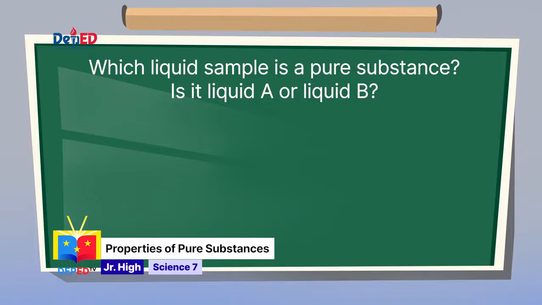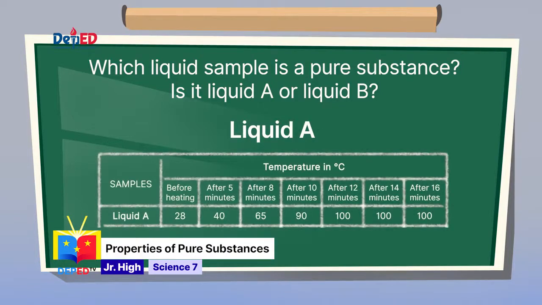Is it liquid A or liquid B? The pure substance among 2 sample liquids is liquid A. As you can see, liquid A's boiling point remains the same after 12 to 16 minutes. Hope you got it right!